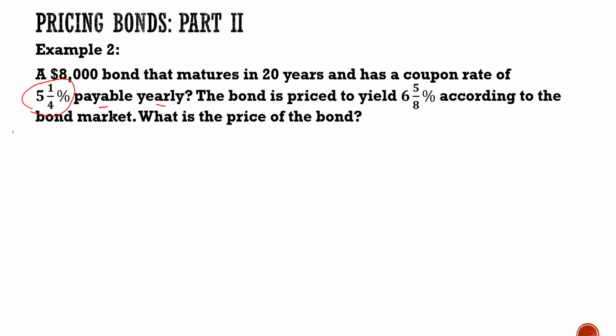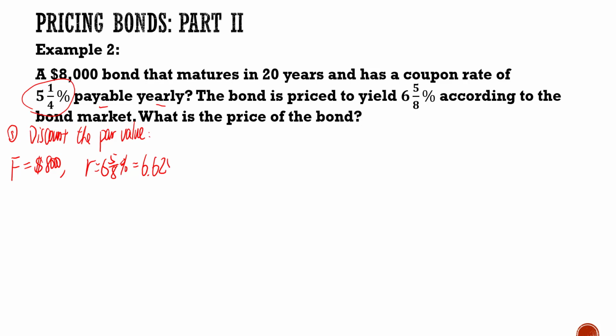Similarly, two steps. Step one, discount the par value. So here, it's an $8,000 bond, so the future value of the bond is $8,000, and then the market rate is 6.58%, which is 6.625%.